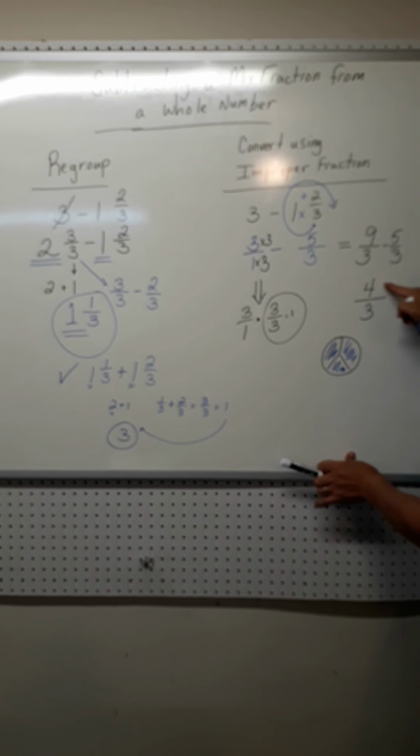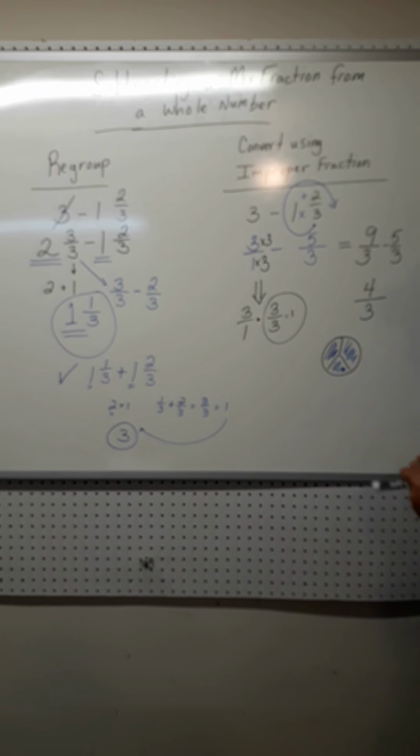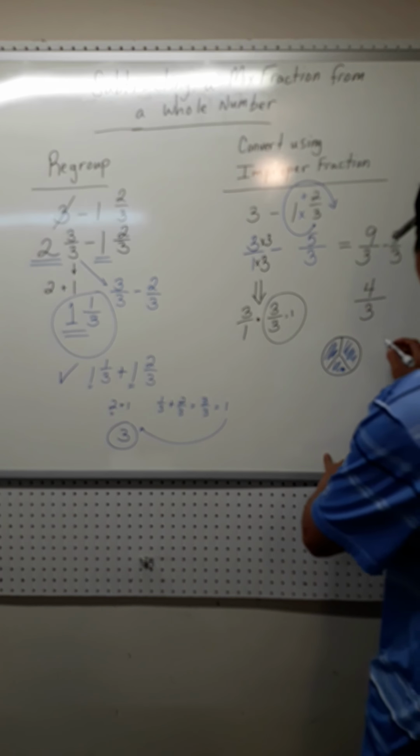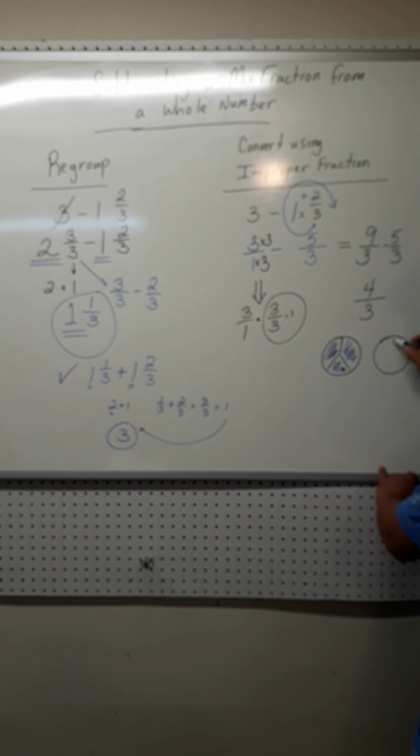But I need to shade up to the quantity of 4. So I'm going to recreate my picture. There it is. And I'm going to break it into 3 parts because my denominator tells me it's the quantity of 3 to make up a whole. And now I'm going to shade in. I've already shaded in 3, but I need to get to 4. Here's my 4.